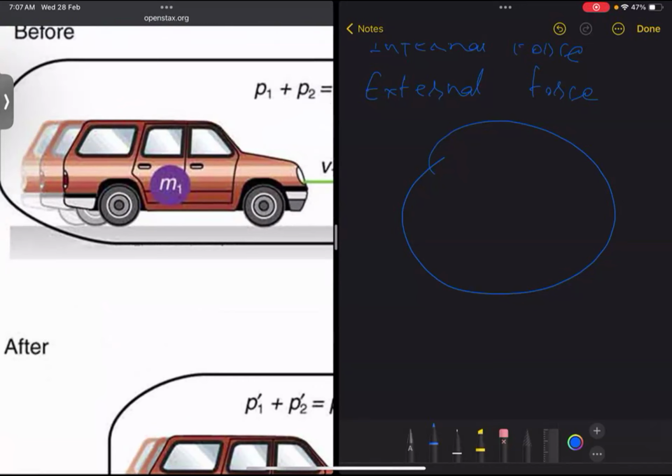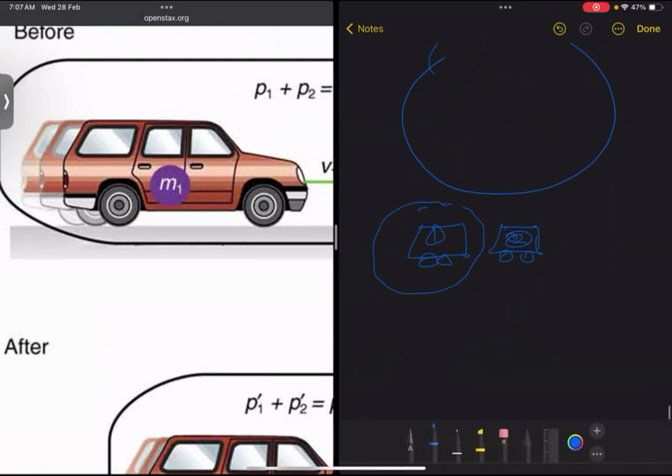If we select only car 1 as the system, and this car collides with car 2, then will there be any external force acting on this system when both of them collide? Car two is the external force. Car 2 is not an external force, the force applied by car 2 when both of them collide, okay.